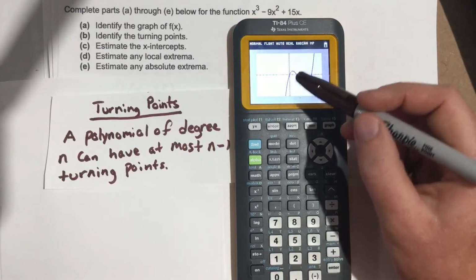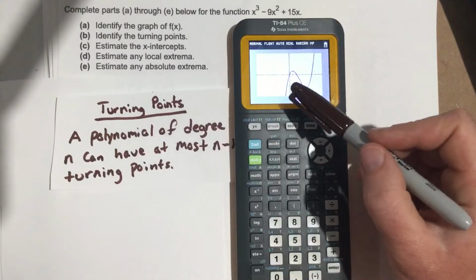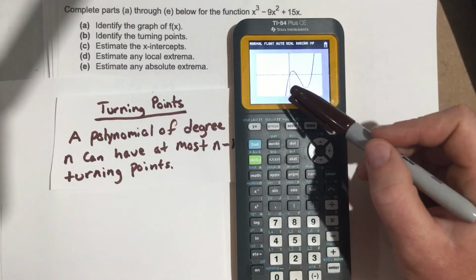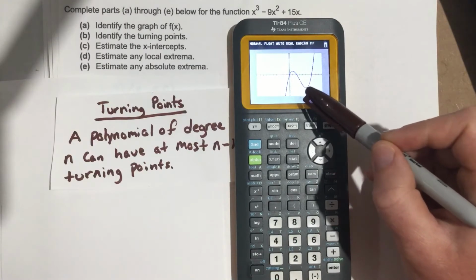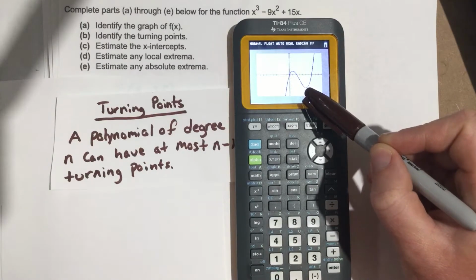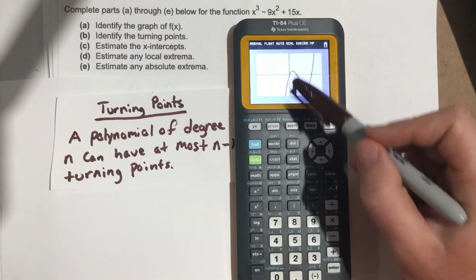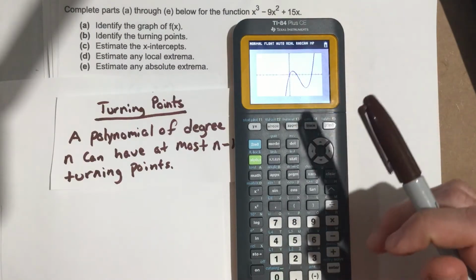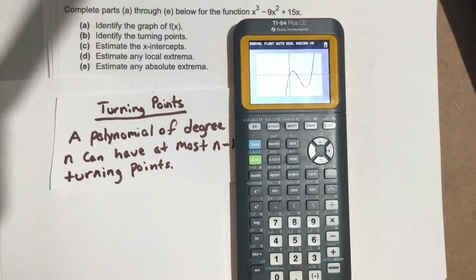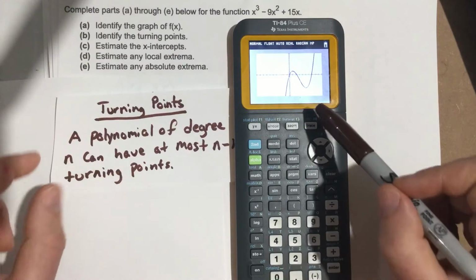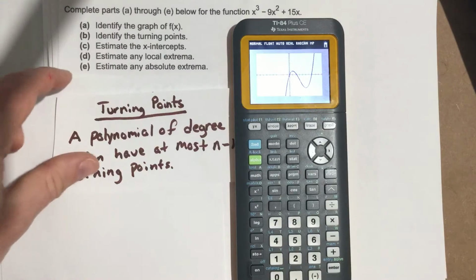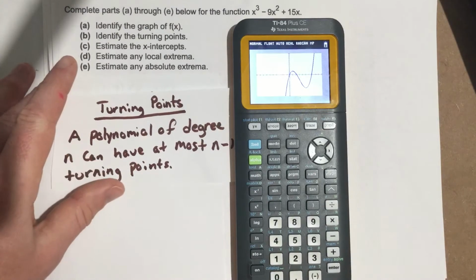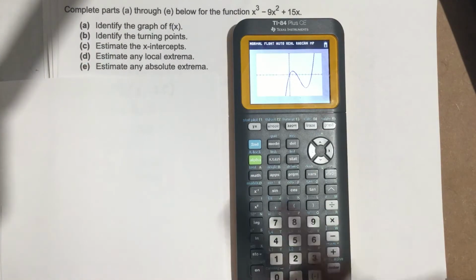When the window was negative 10 to 10, it wasn't showing this turning point. Because it wasn't showing that, I just started to make the y values larger slowly and got to the right window. So make sure that you can use your TI-84 to do that and know how to use that window button really well. All right, now that we've talked about the turning points, we know that there's 2.